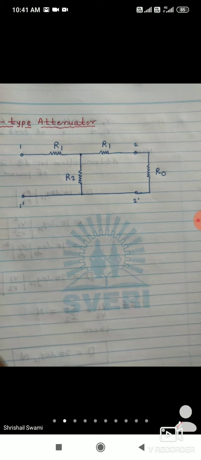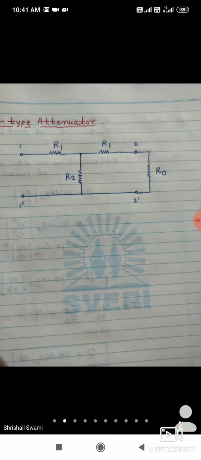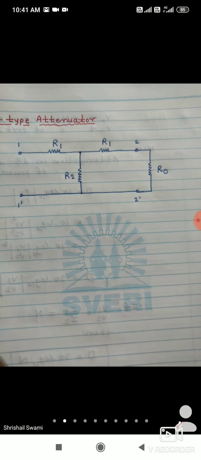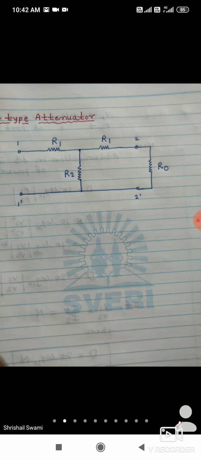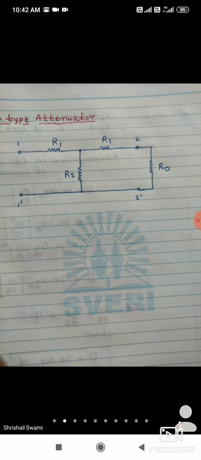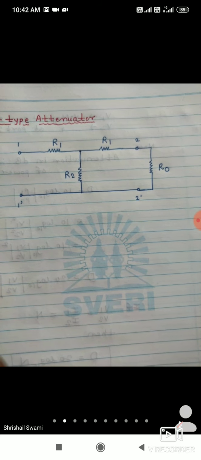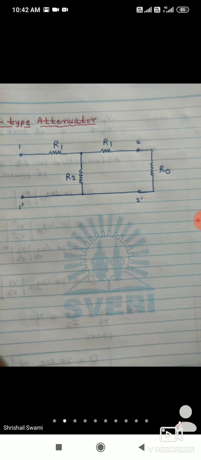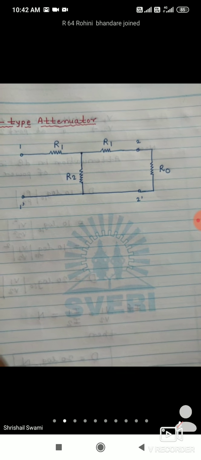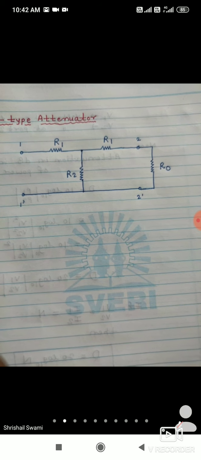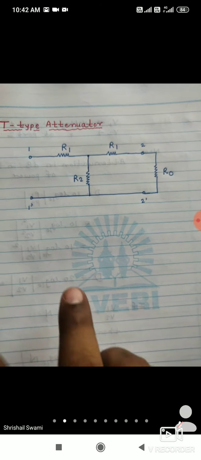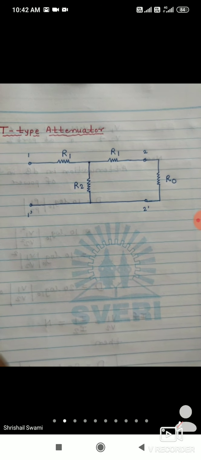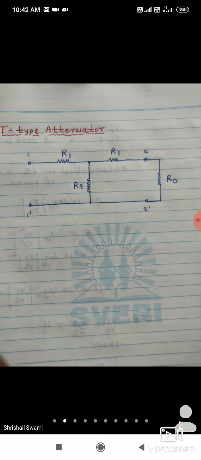First is the characteristic impedance Z0, in terms of R0, as well as the propagation constant gamma of the network. What do you mean by propagation constant? We have already learned it in the filter section. The propagation constant decides what the change in the amplitude of the signal will be, when the signal is transferred from input to output. That term can be measured with the help of the propagation constant.